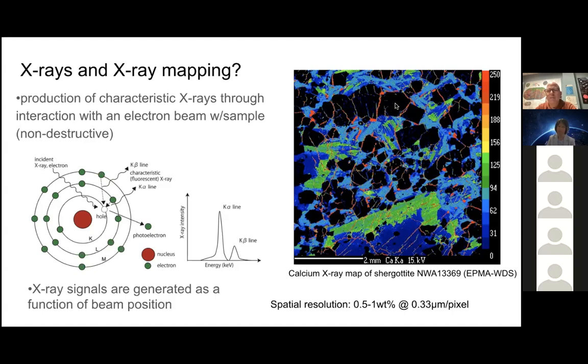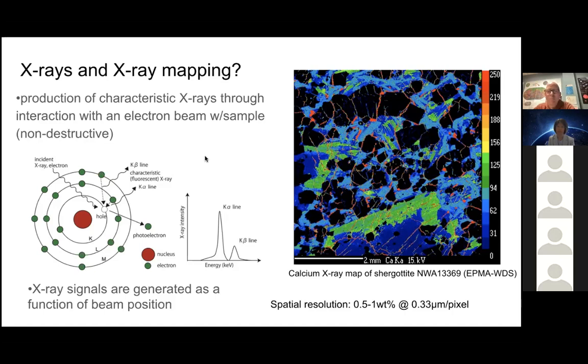So in this map, we have areas where there's virtually no calcium, some regions where there's very high calcium, and regions where we get more intermediate concentrations of calcium. These concentrations correspond specifically to the chemistry of different types of minerals within the sample. So essentially, we can create a map of minerals based on their chemical concentrations.